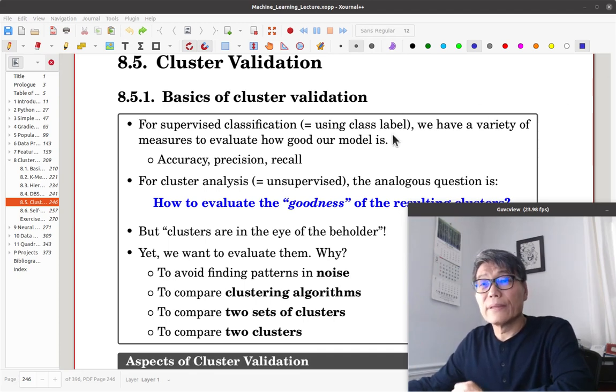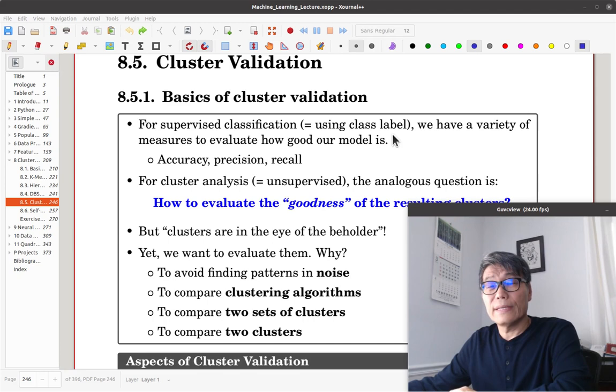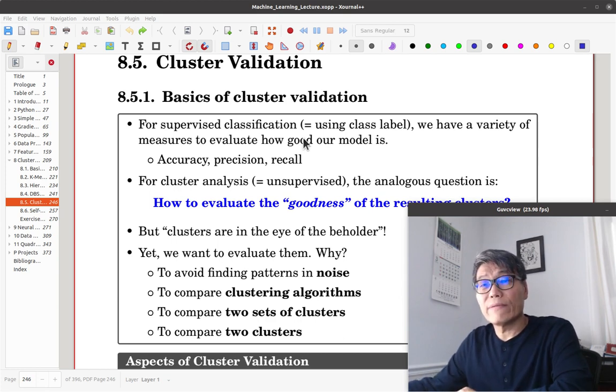It is section 8.5. In this section, we'll study methods and issues on cluster validation. For supervised classification, we have a variety of measures to evaluate how good our model is. For example, accuracy, precision, and recall can be used.